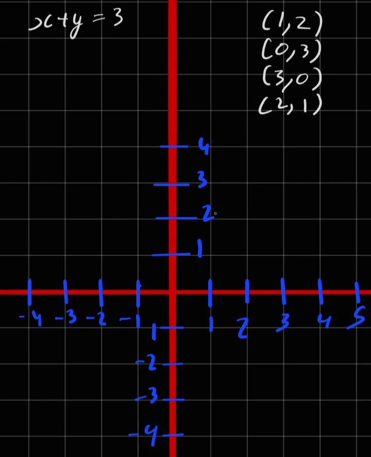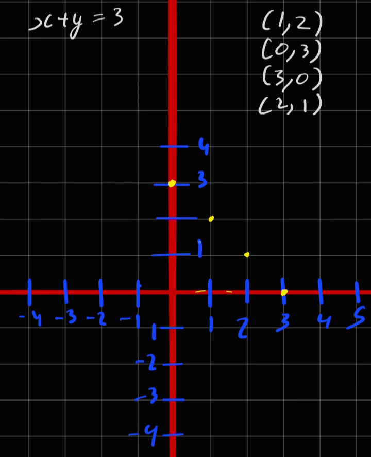So 1 on the x-axis and 2 here, so it will be somewhere here. Next 0 comma 3, that is here. Then the third, 3 comma 0, it's here. Then finally 2 comma 1: 2 on the x-axis and then 1, so here.